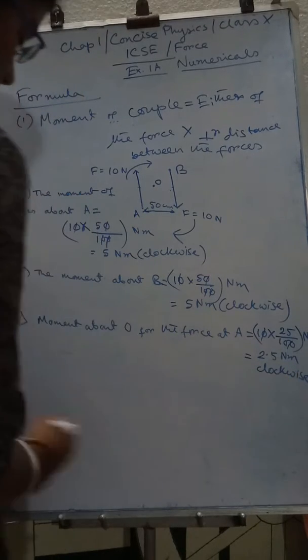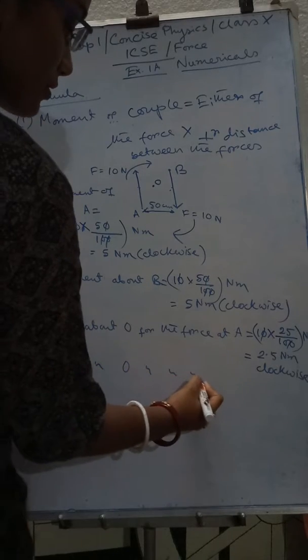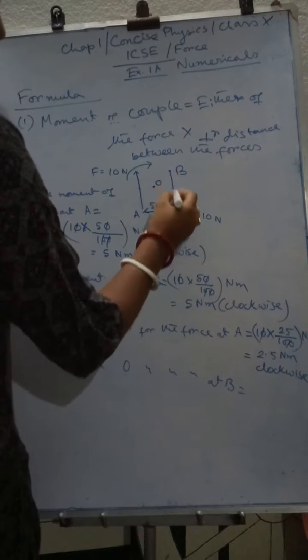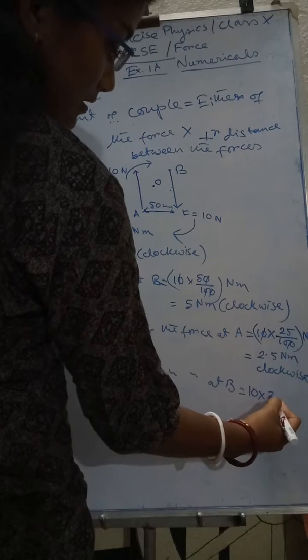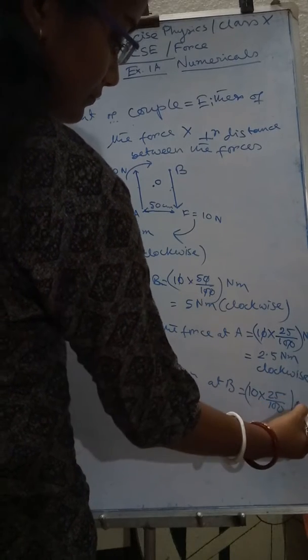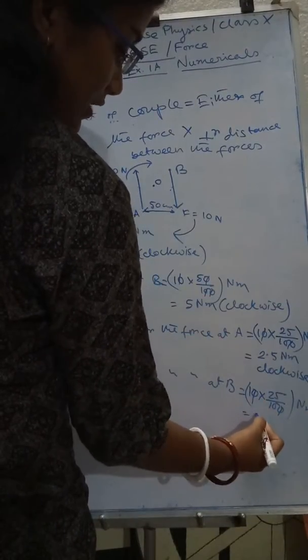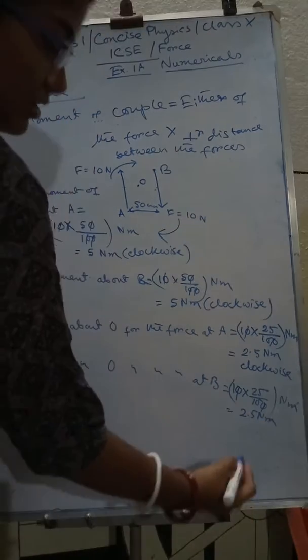Now moment about O for the force at B. The force at B is 10 Newton and the distance is 25 centimeter. So it will again be 2.5 Newton meter and the direction will be clockwise.